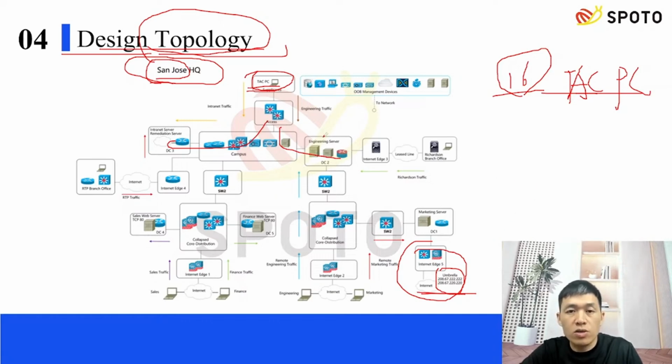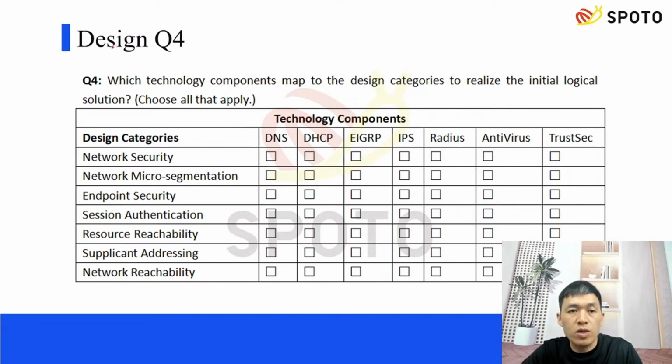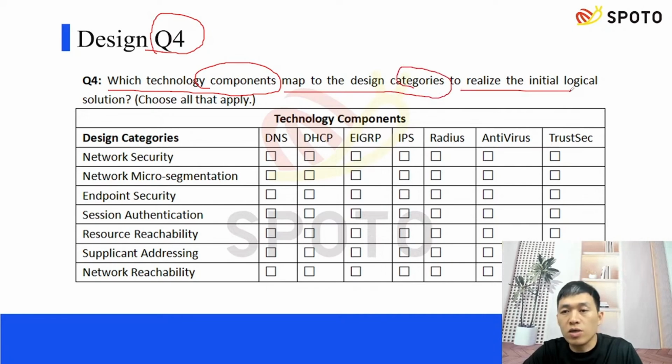And after this, we will take a look at design question 4. Okay, alright. And we will try to answer it here. So let's look at the question: which technology components map to the design categories to realize the initial logical solution? Choose all that apply.